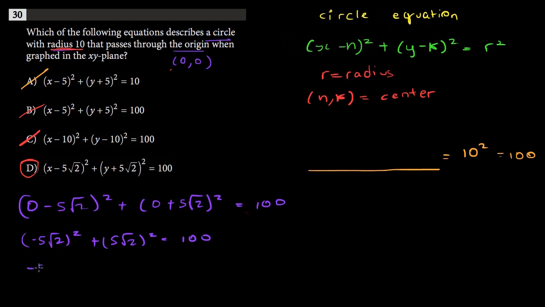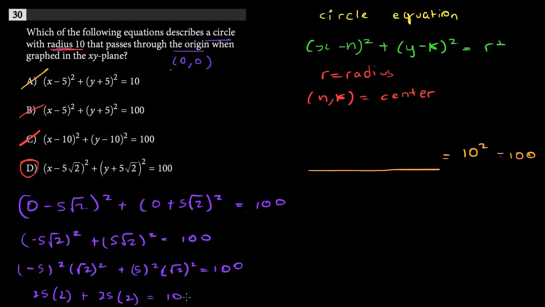So it becomes minus 5 squared times root 2 squared plus 5 squared times root 2 squared equals 100. Minus 5 squared is just 25. Root 2 squared is just 2, plus 5 squared again is 25. Again, root 2 squared is just 2.